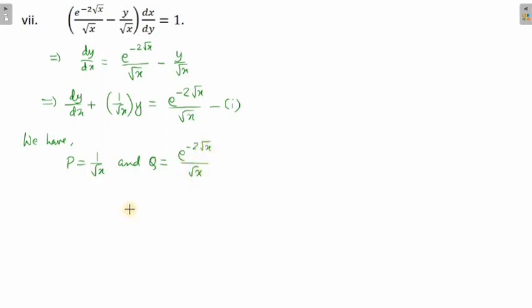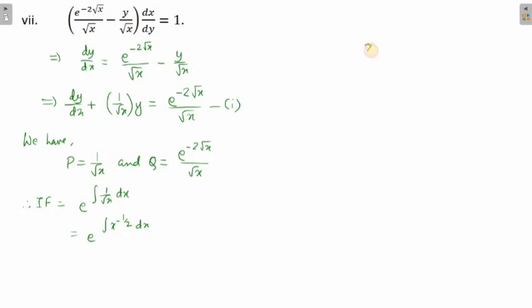Now the next step is to find the integrating factor, isn't it? So your integrating factor will be e to the power integral P dx, right? So P is 1 by root x dx. Can I write this as e to the power integral x to the power minus half dx? Obviously, right? So let's see in the rough what is integral x to the power minus half dx.